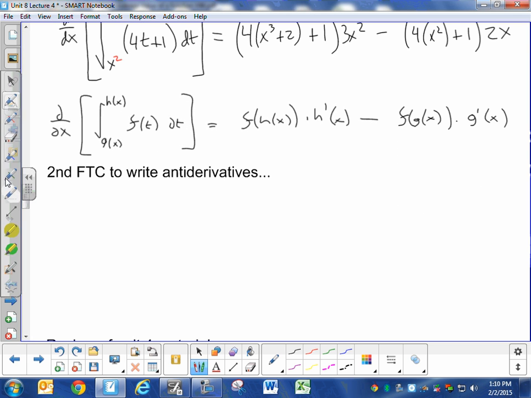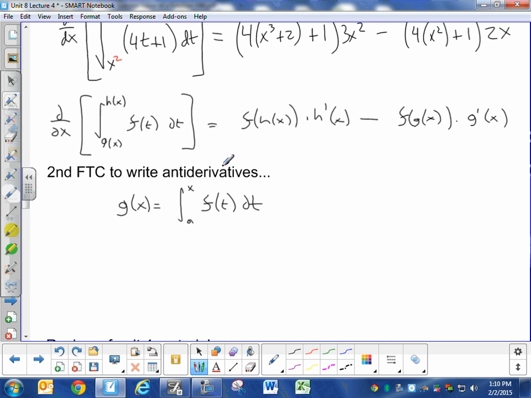Well, here's the connection between g and this accumulation function. If I said g was equal to this, how is g related to f? Or how is g related to this accumulation function of f?